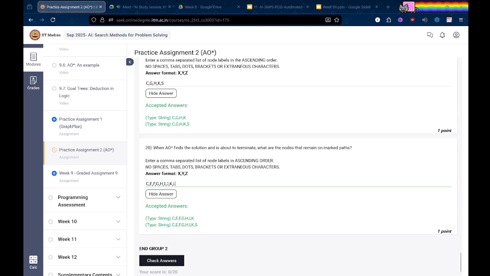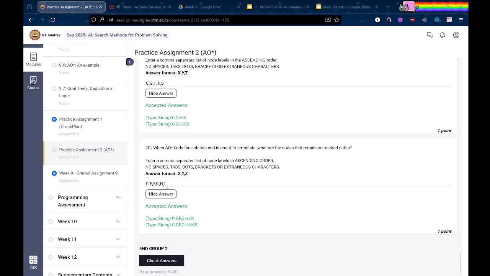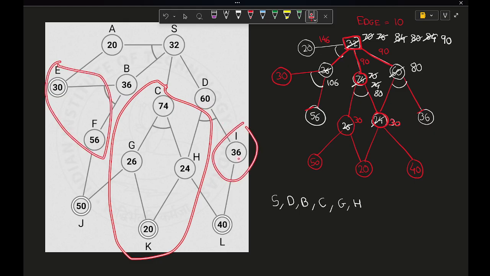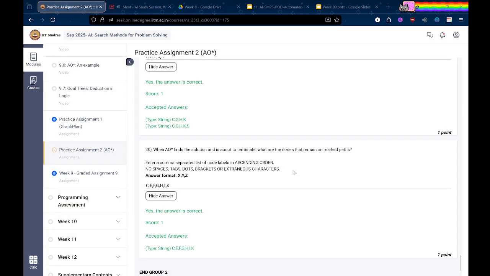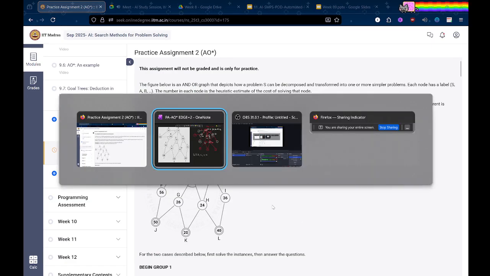No, J, K, L. No. So till HI is clear, firstly include these ones, CGHK. Just add K. So the ones that were in this path, and these three. So CEF, GHIK. Okay, so that's AO star done.